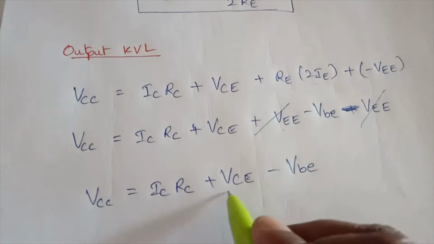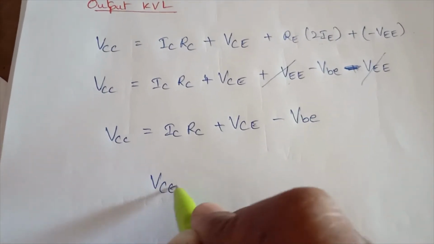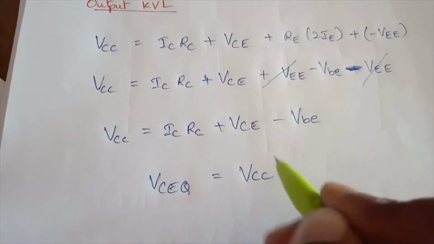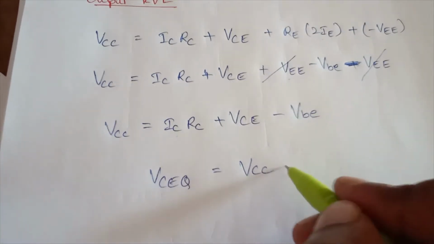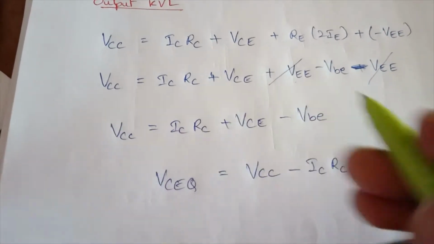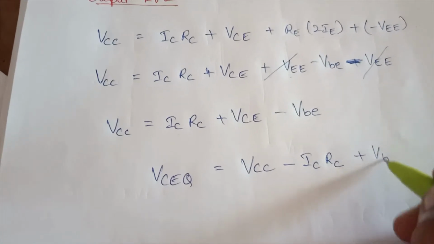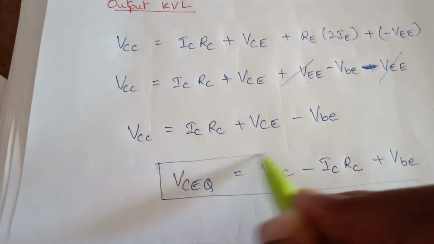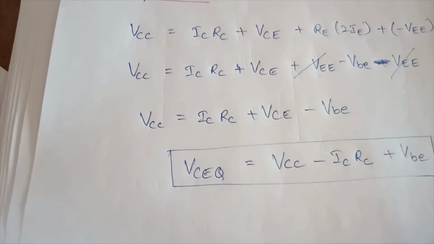We require VCE. So VCE at the operating point, VCEQ, is given by VCC. This term we take to the left hand side, then it becomes minus ICRC, and this is also on the left hand side, then it becomes plus VBE. So this is the expression for VCEQ.